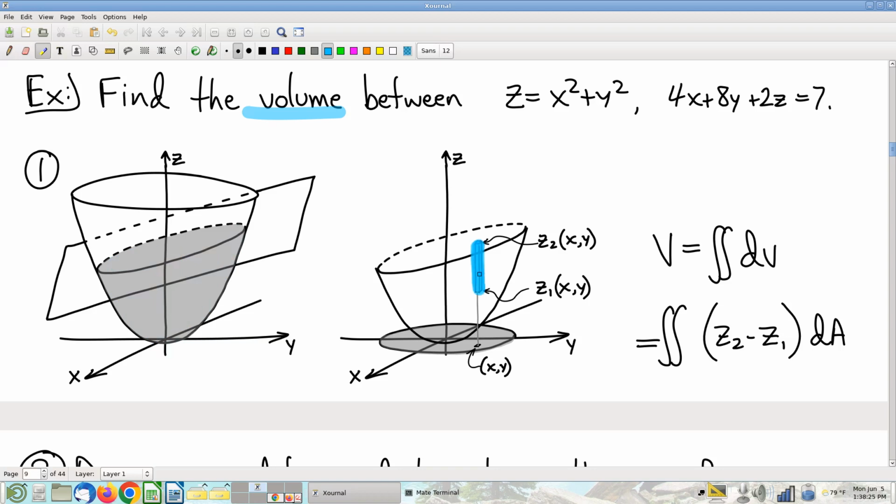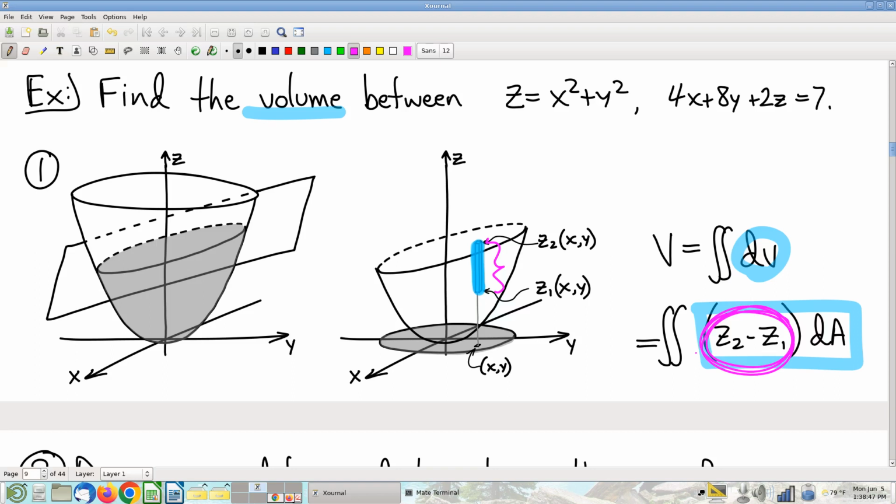And the volume of that French fry is a height times an area. It's just that now you've got to be a little bit careful that the height is the difference of the two z coordinates, so what you might call z2 minus z1. Height times area of the base gives me volume.